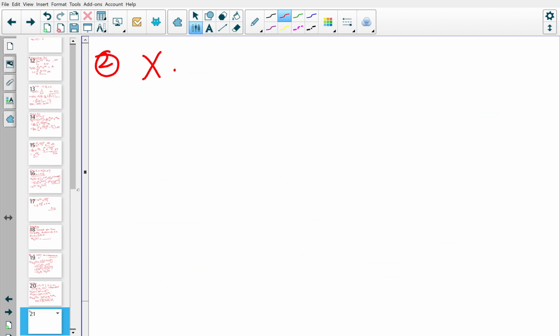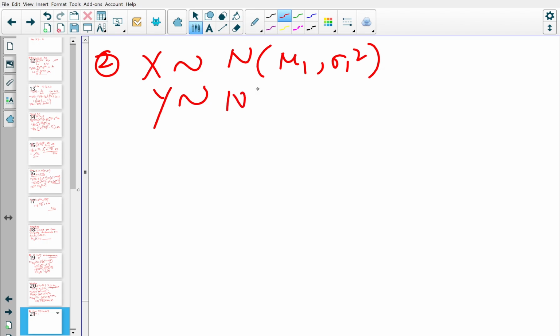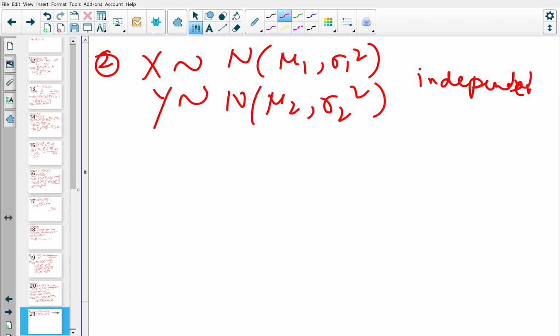Suppose we have normal, mu 1 sigma 1 square, and mu 2 sigma 2 square, and they are independent. Let us find out whether the sum is normal or not, and you can easily find out from the moment generating function.